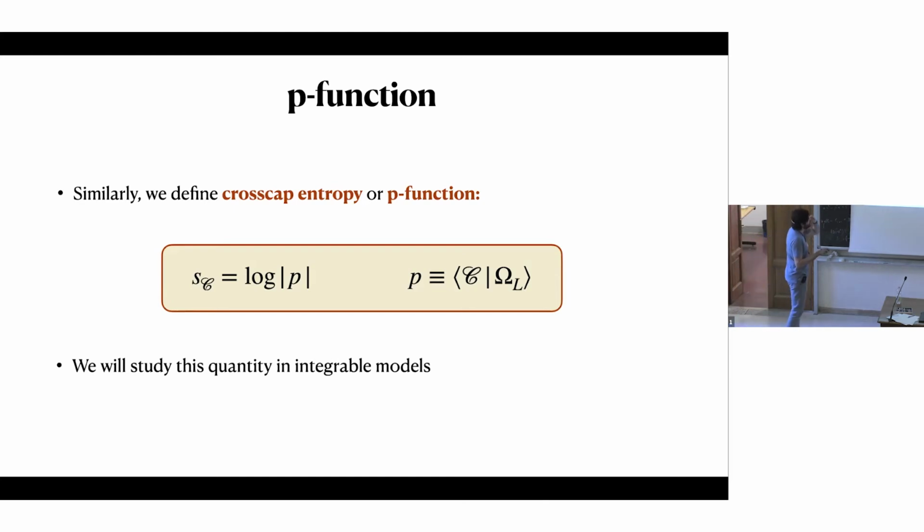So P is the overlap between the crosscap and the ground state of the model. And you define an entropy by taking the logarithm of that quantity. Of course, this can be defined for any quantum field theory generically, but now we claim that we can compute this quantity exactly in the case of integrable models.